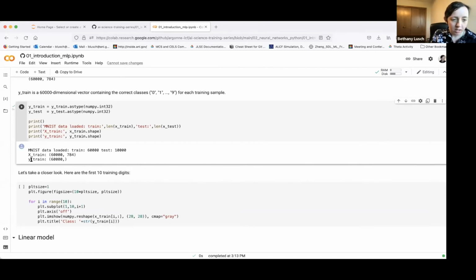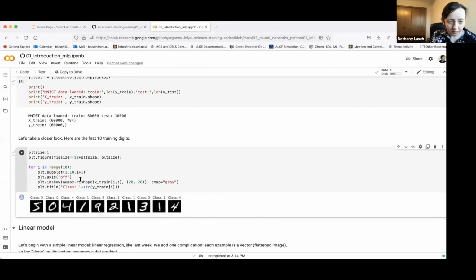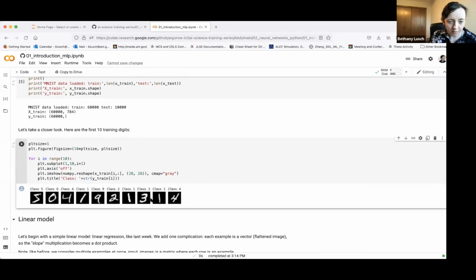And the labels are just one vector. There's a number for each image, and it has the digits 0 through 9. And this cell will plot the first 10 of them and label them with their class label.